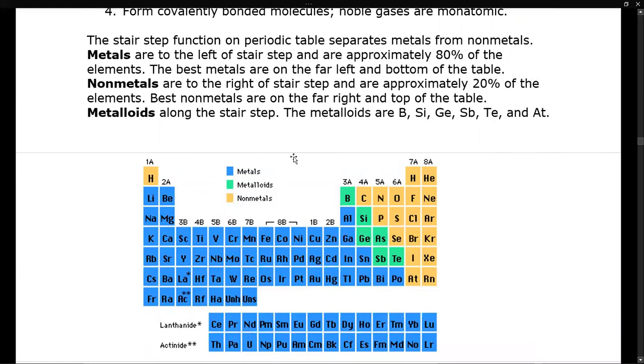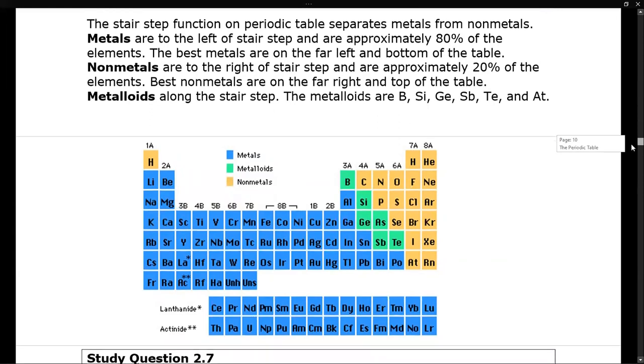There's a few elements that are along a sort of stair step that's right here. And at the interface, you see metalloids there in green: boron, silicon, germanium, arsenic, antimony, and tellurium. Some people argue about polonium and astatine, but on this chart, it's considering polonium a metal and astatine a nonmetal. And that should be the periodic chart.